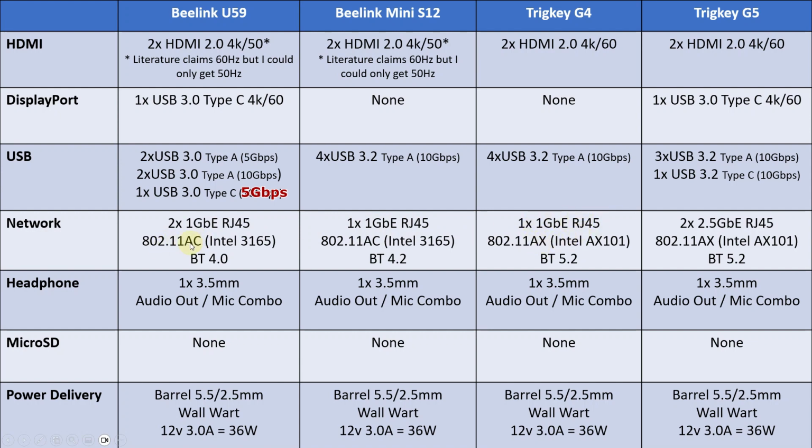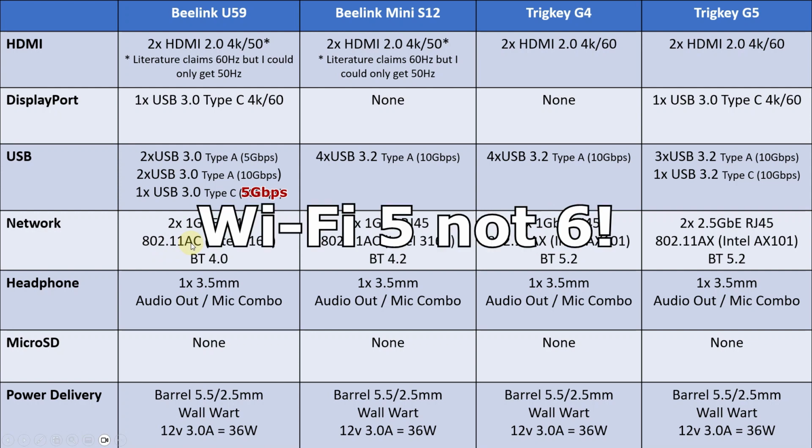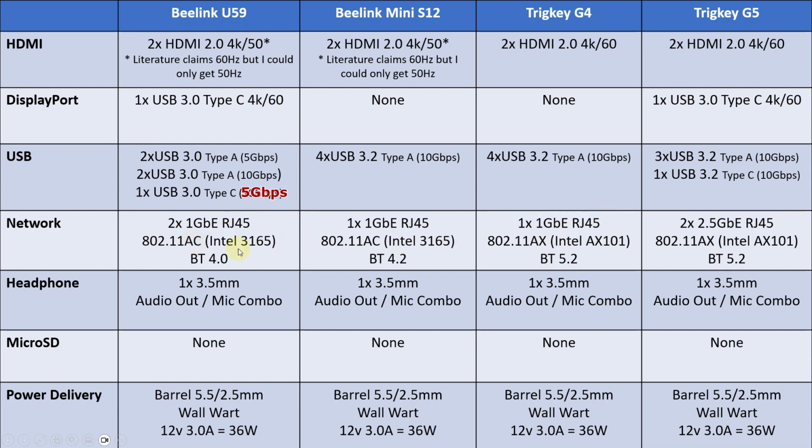The Beelink units have Wi-Fi 5 or 802.11ac and Bluetooth 4, whereas the Wi-Fi 6 devices on the Trigkey have 802.11ax, obviously backwards compatible with AC, and they also have the latest Bluetooth 5.2. And again, the Trigkey has the dual 2.5 gigabit Ethernet ports.